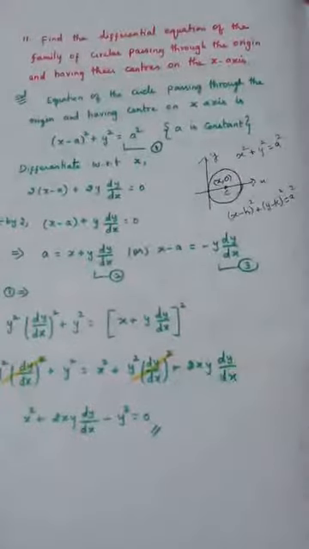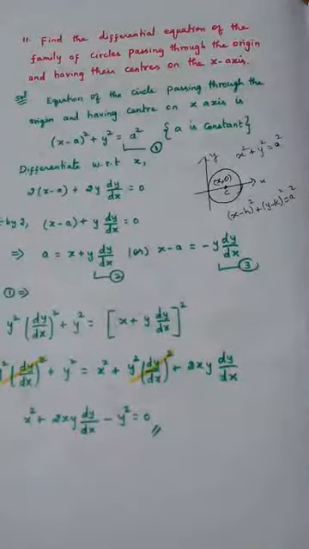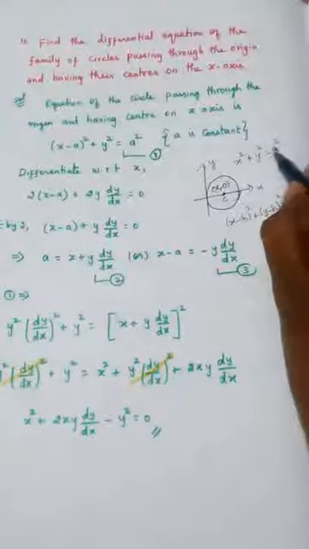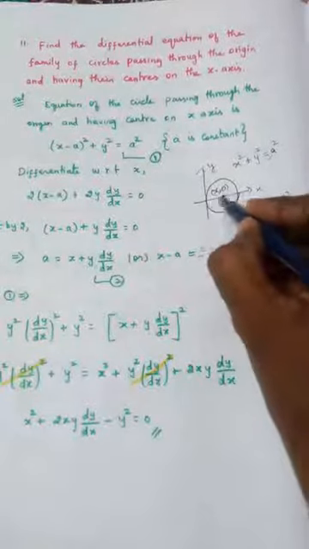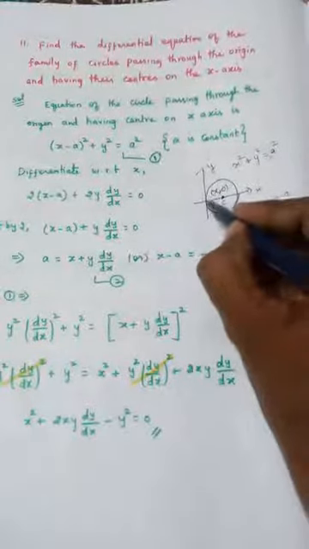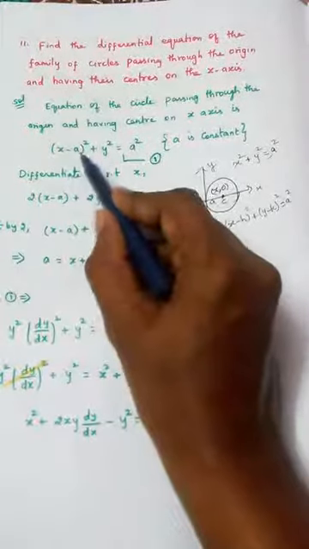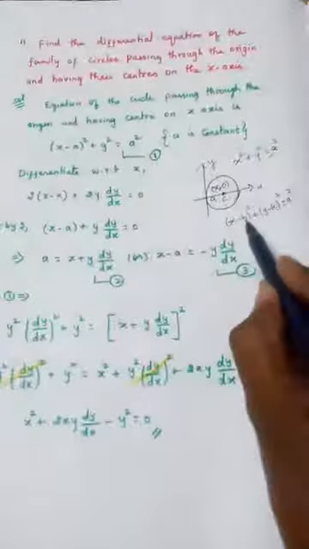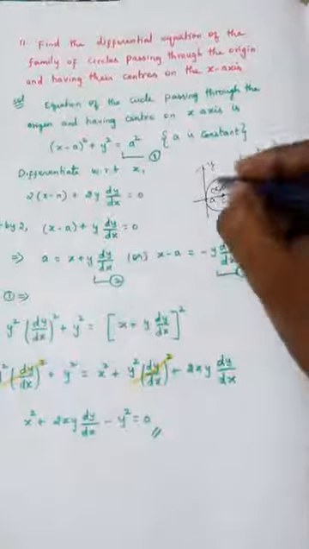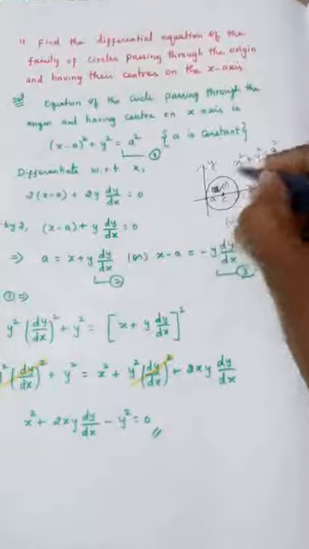Are you able to understand how it is? Since the center is on the x-axis and the radius of the circle is a, definitely this distance will be a, because that is called the radius. So only here we are writing (x minus a) whole square. h is nothing but a. To be precise, instead of writing x comma 0, I can write a comma 0.